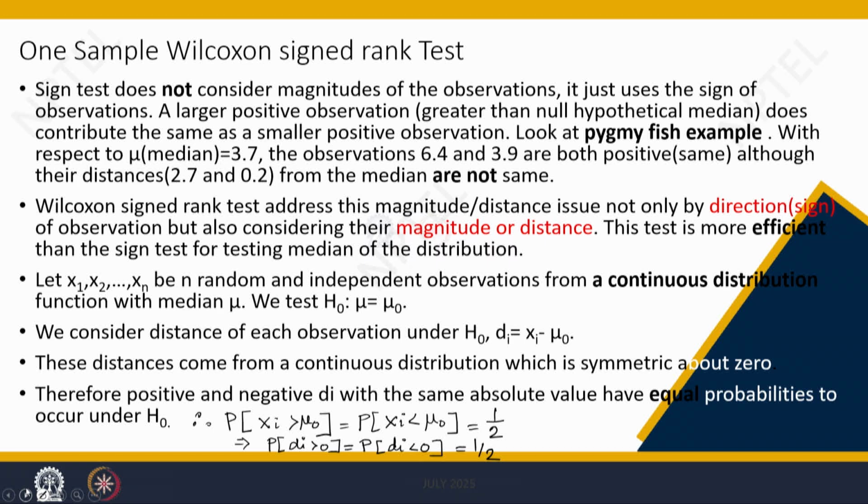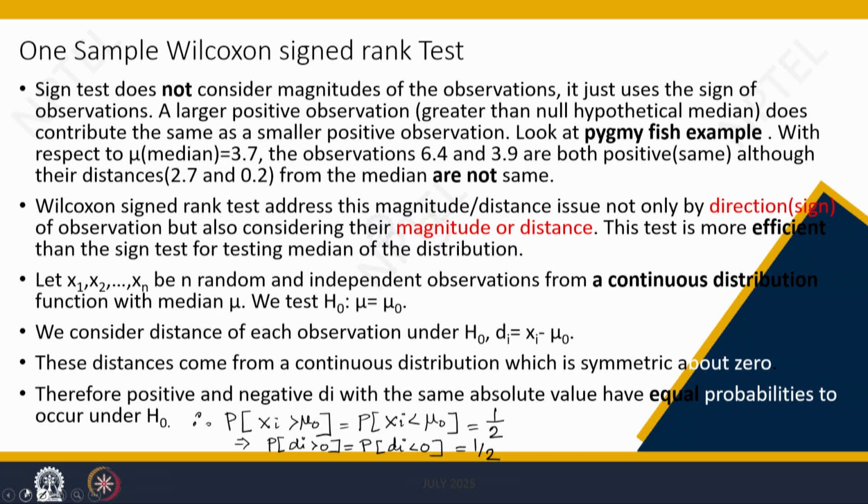With respect to the median 3.7, the observations 6.4 and 3.9 are both positive, both are greater than 3.7, although their distances from the median value are different. One is 2.7 and another is 0.2. How did I find it out?